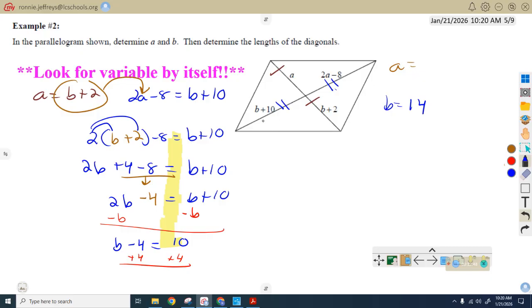All right, that means that this right here, this would be 24. This is 24. All right, A is B plus 2. Well, that's 14 plus 2. So A would be 16. So this is 16 and this is 16.